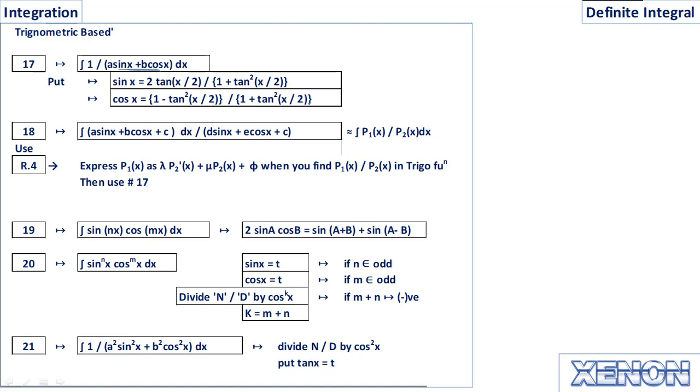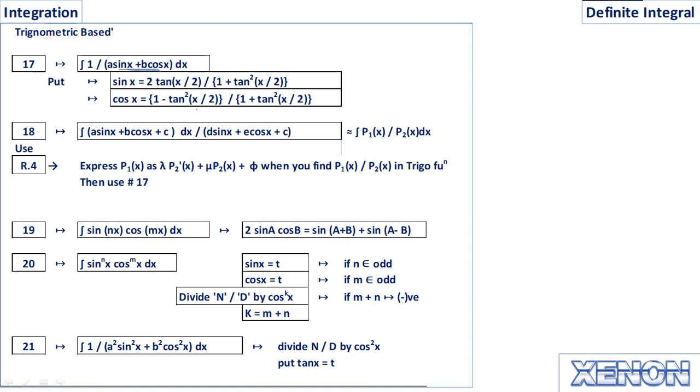Here again, we know cos 2 theta equals 1 minus tan square theta upon 1 plus tan square theta. So in place of 2 theta we are putting x, so we will get 1 minus tan square x/2 upon 1 plus tan square x/2, right?